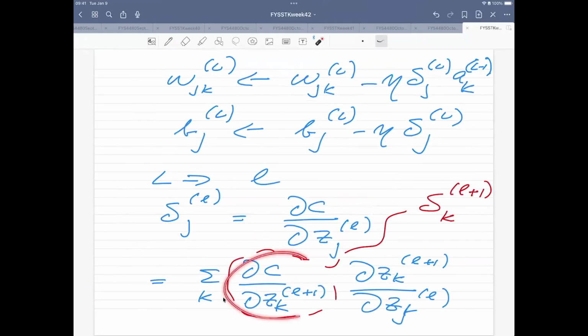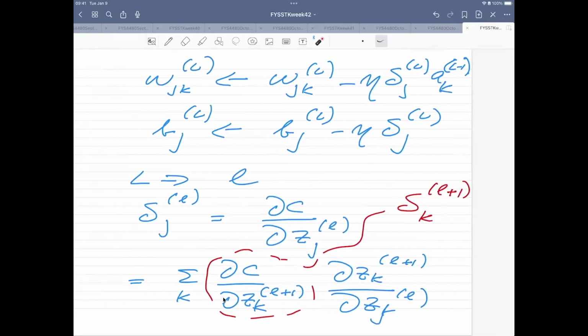Then I go down here and I have that expression, which I know because I started at the output layer. And then what I need to find now is actually what this guy looks like. And if I find that one, then I have the final expressions for the backpropagation algorithm.